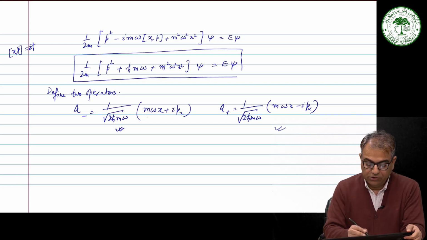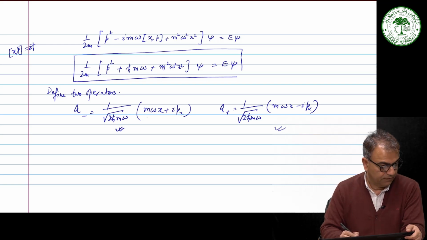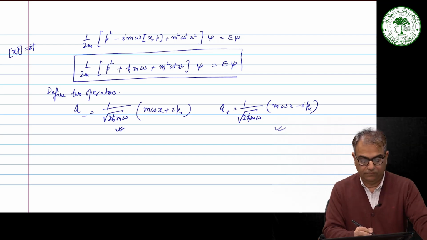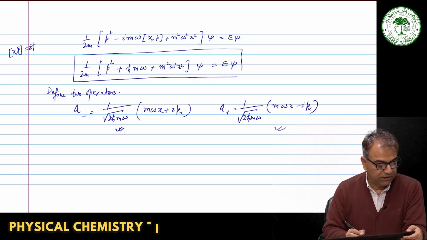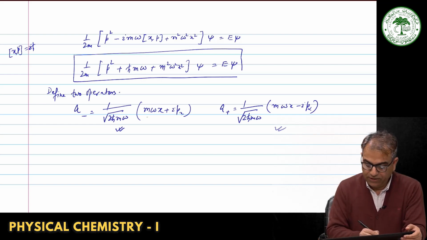Okay. So, this we can separate into two equations, and now we try to find out A minus A plus. What will it be?